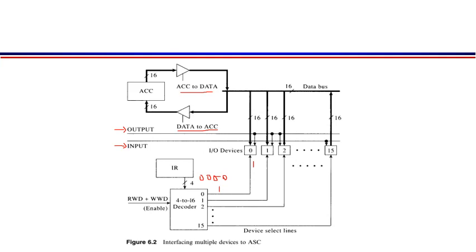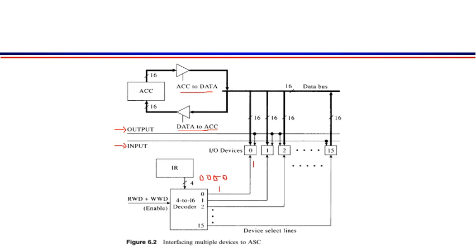So how are these 16 devices selected? For this purpose, we are using a 4 to 16 line decoder. There are 16 different outputs of this decoder. Each device is connected with one output of the decoder.